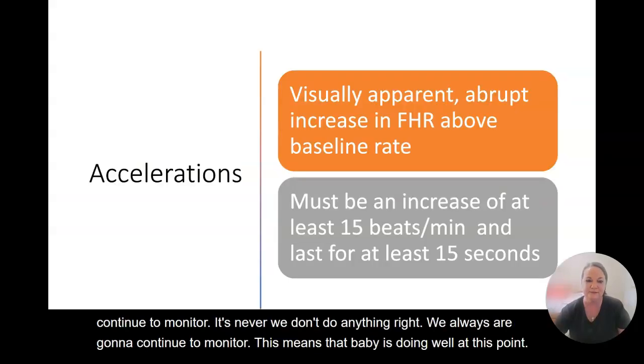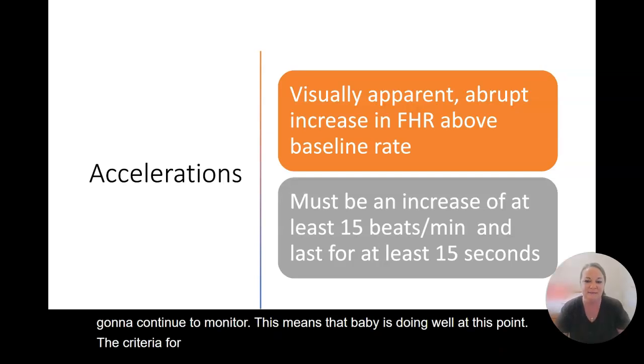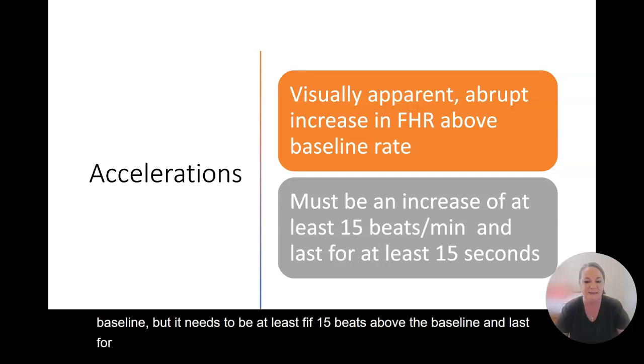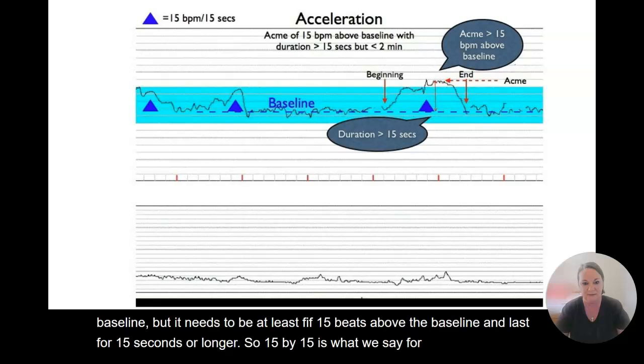The criteria for accelerations is an abrupt increase in the fetal heart rate above the baseline, but it needs to be at least 15 beats above the baseline and last for 15 seconds or longer. So 15 by 15 is what we say for that.